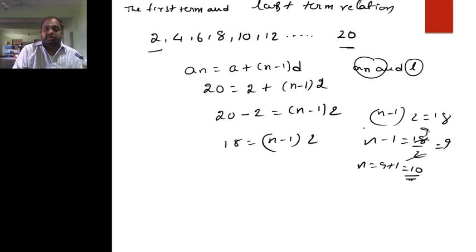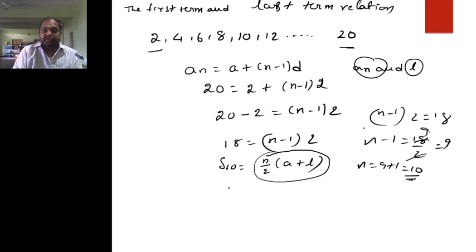So S10 is equal to n by 2, that means 10 by 2 into a plus l. Because we know the first term and last term, the formula will become n by 2 into a plus l. So this is the very important factor.